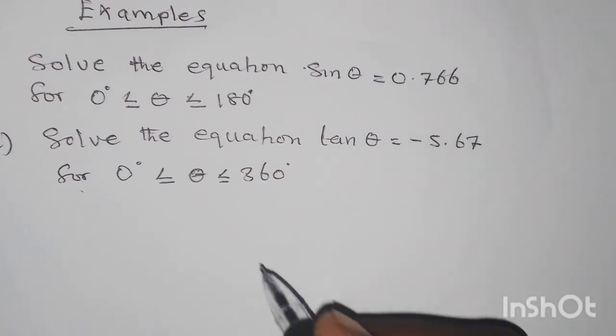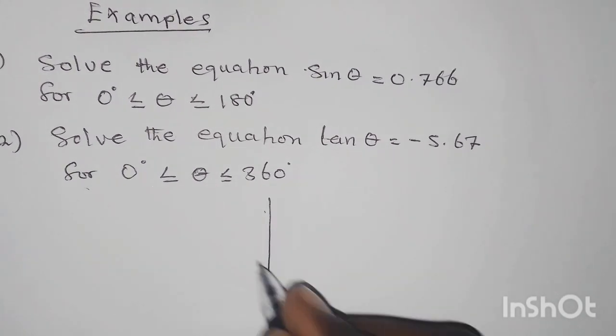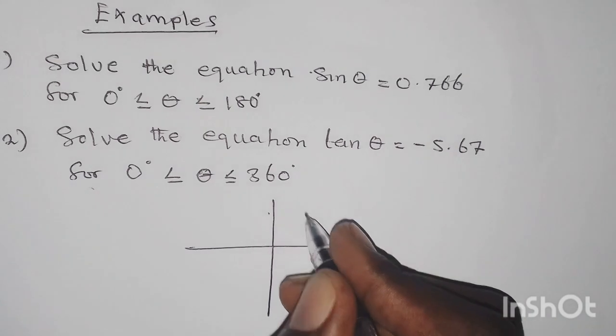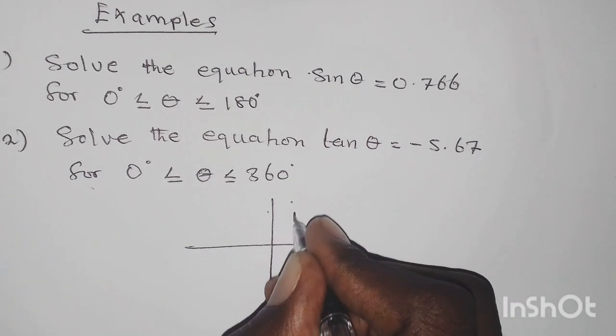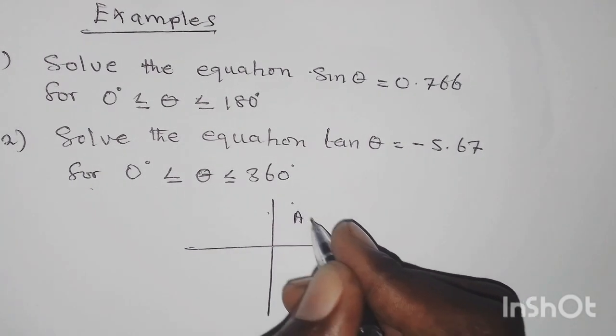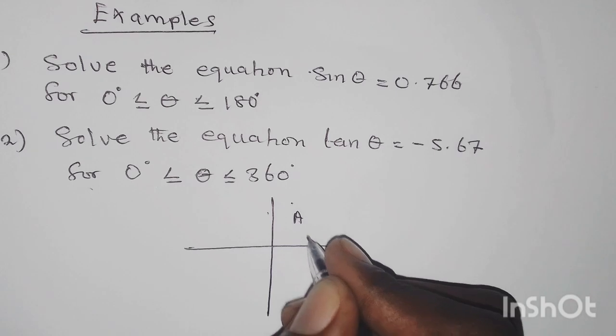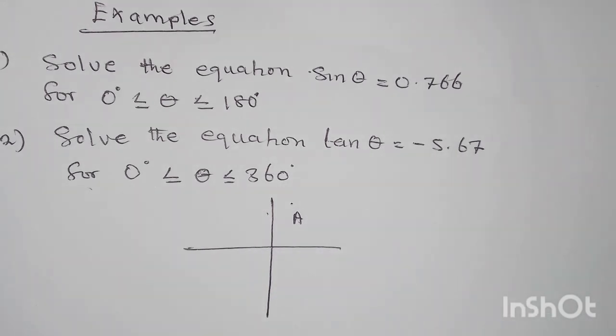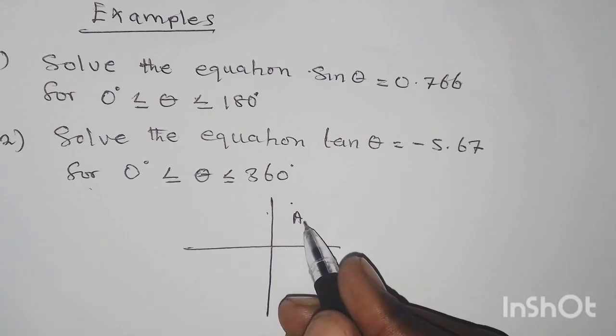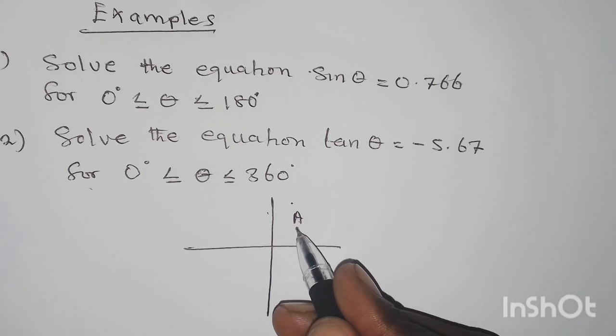If you have a Cartesian plane with the quadrants, remember that in the first quadrant all are positive. That is where we get the reference angle, based on the steps we looked at.